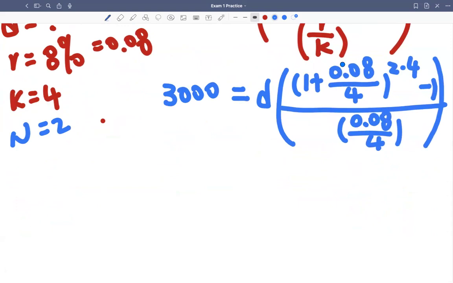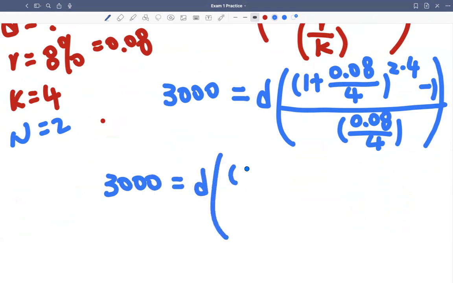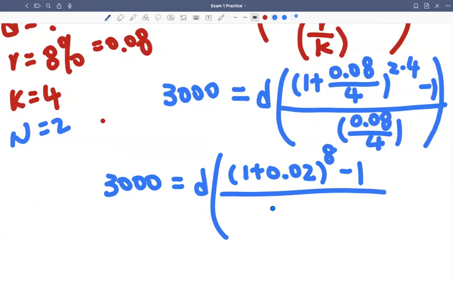Now we need to calculate this. 0.08 divided by 4 is 0.02. Well, we can rewrite the equation. I'm trying to find D. So I have 1 plus 0.08 divided by 4, that's 0.02. Of course, you can use a calculator. 2 times 4, that's 8. Then minus 1, then divided by 0.02.